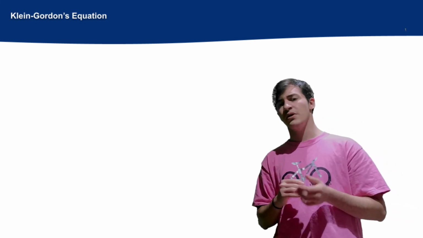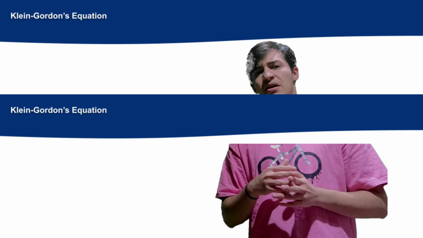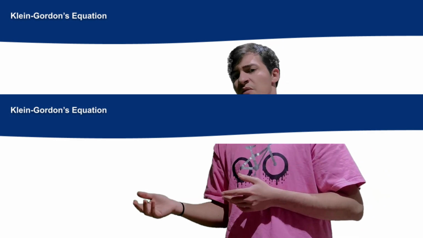For example, the equation is not positive definite, so we cannot interpret the square of the modulus as a probability, making it unworthy to be used as a description of relativity in quantum mechanics.